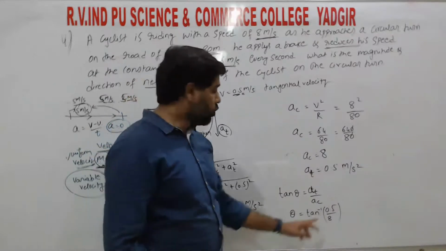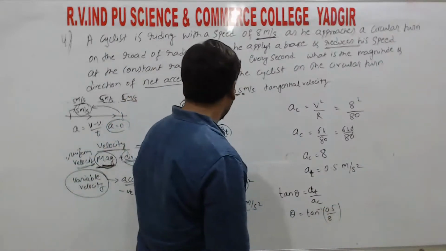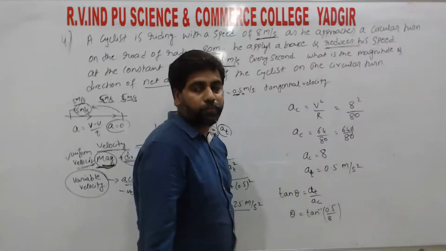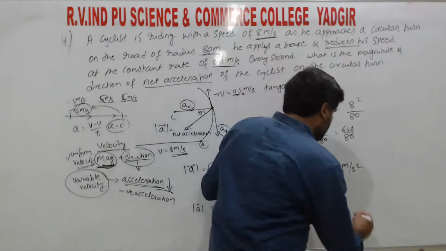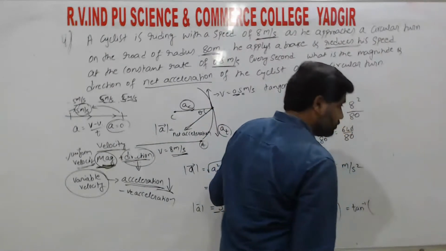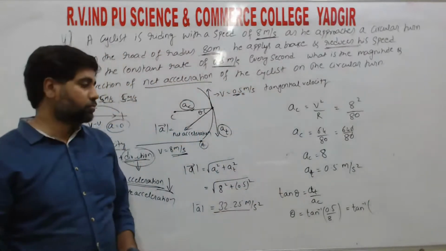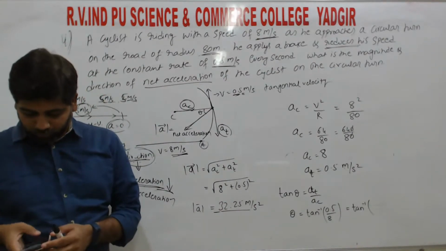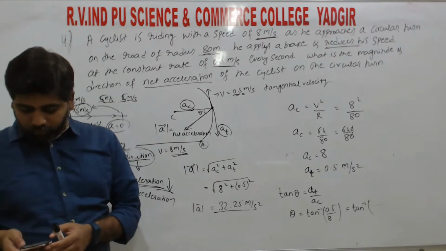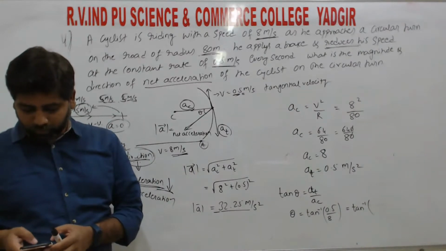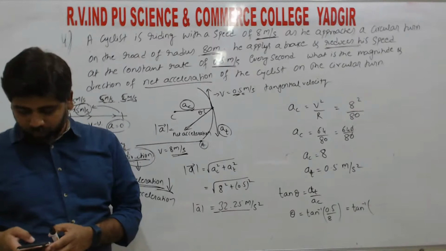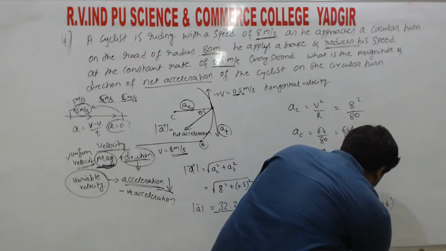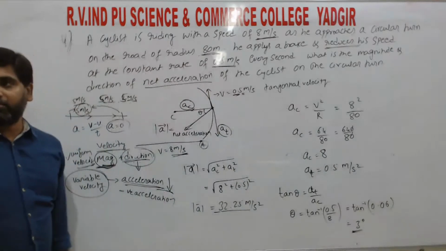So 0.5 over 80 is about 0.006. So we get approximately some 3 degree. So the direction is 3 degree, right?